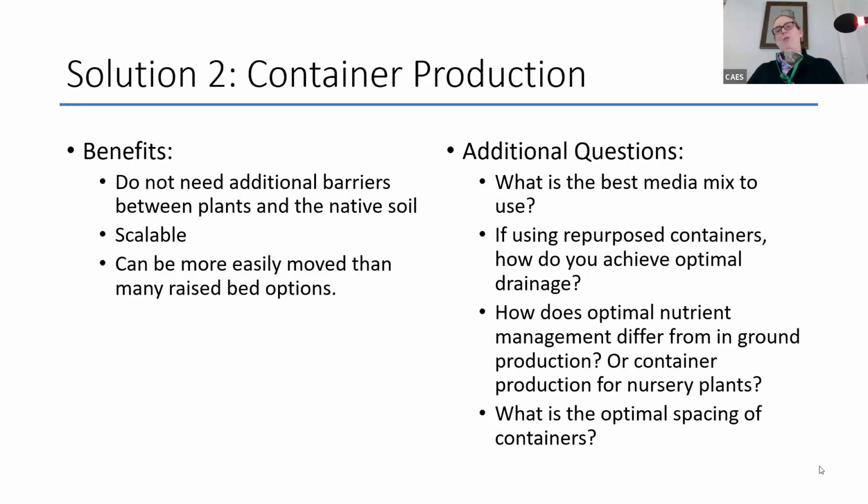Then we have a sort of follow-up question. Does optimal nutrient management differ from in-ground production, or our knowledge of container production from nursery production or greenhouse production of crops? And what's the optimal spacing of containers? For the pools, in order to be able to reach into the center, you might need a little bit more spacing between pools than you would between more traditional nursery pots, so that you can crouch down and reach.